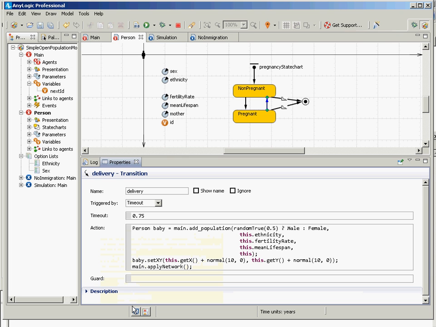This is all the information about the mother, and it's pointing to that. When you say mother.ethnicity, it's saying, give me the ethnicity part of the mother's information. When you say this.mean lifespan, give us the mean lifespan information. When you say this, it's just passing a reference, hey, this is the mom. It's a reference to something in memory that it knows is a reference to a mother, to a person.